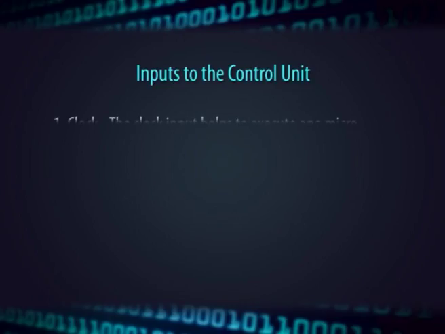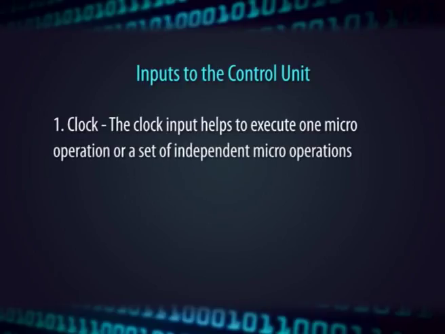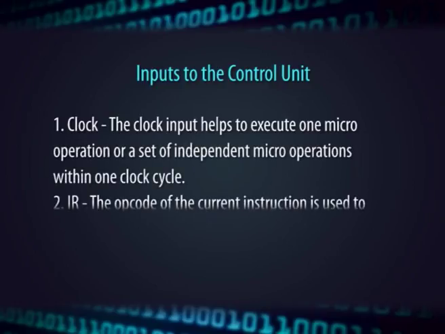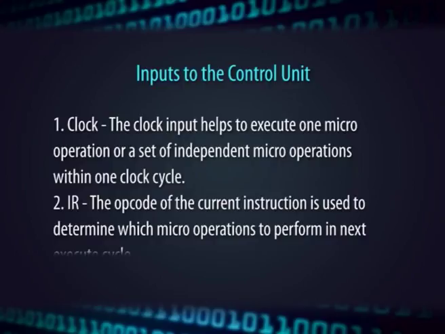The inputs to the control unit are, first, the clock. The clock helps to execute one micro operation or a set of independent micro operations within one clock cycle. Second is the instruction register. The opcode of the current instruction is used to determine which micro operations to perform in the next execute cycle.